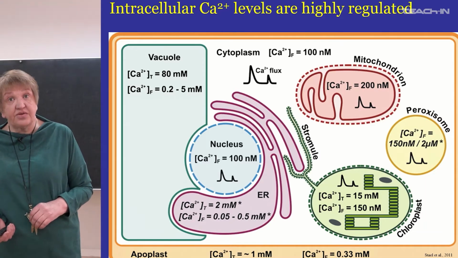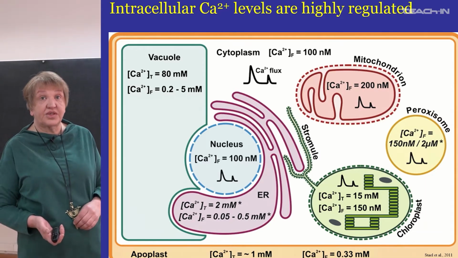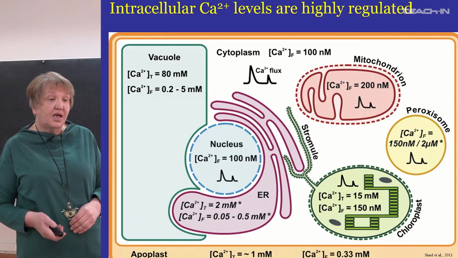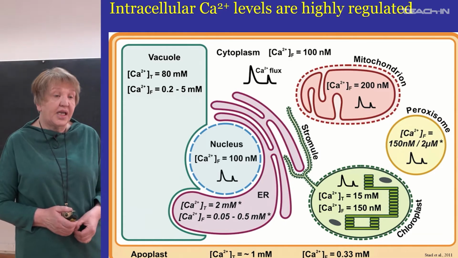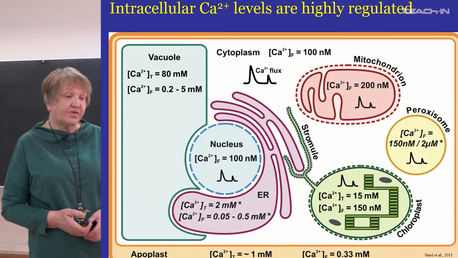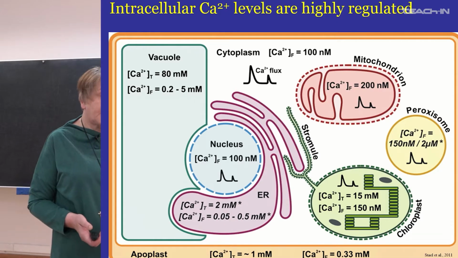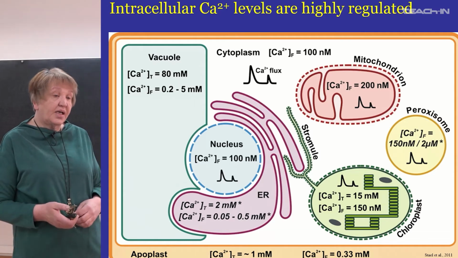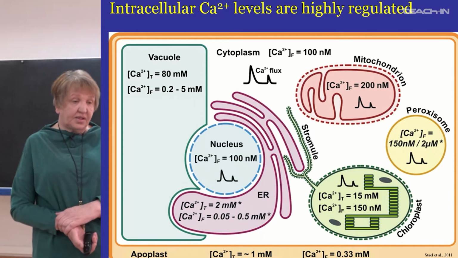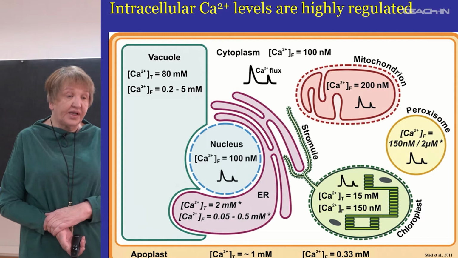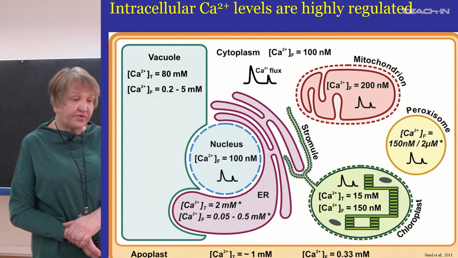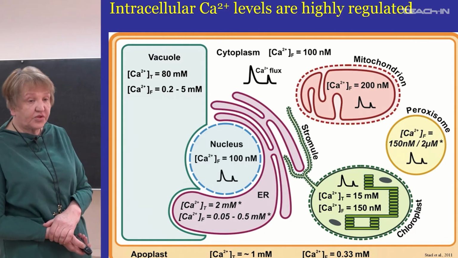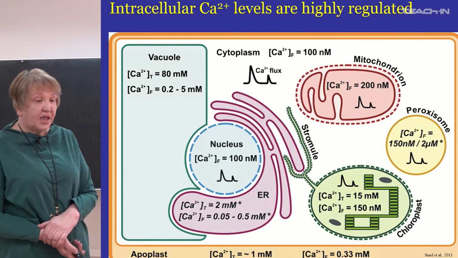The concentration of calcium in the nucleus is similar to that in the cytoplasm, which is about 100 nanomolar, and the concentration of calcium in the chloroplasts is higher. It is about 150 nanomolar of free calcium, and in peroxisome it varies from 150 nanomolar to 200 micromolar.